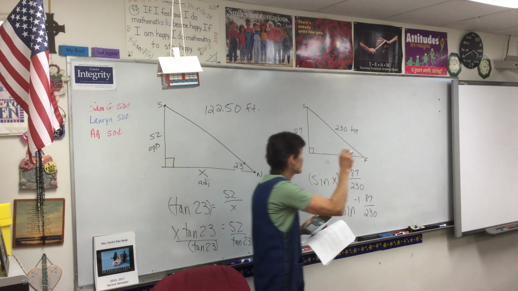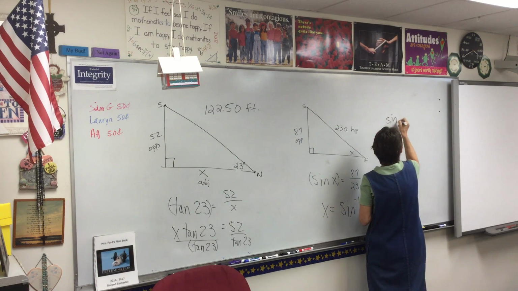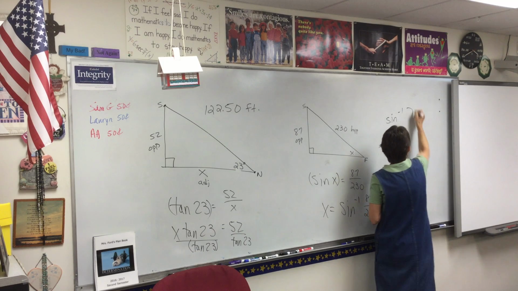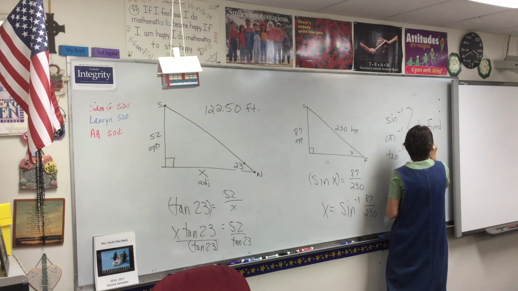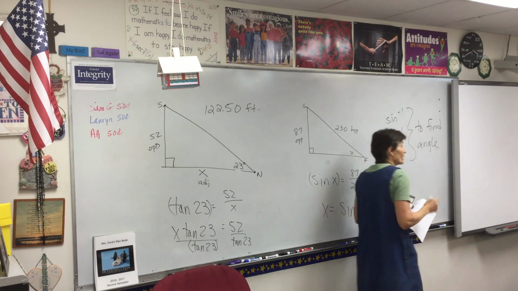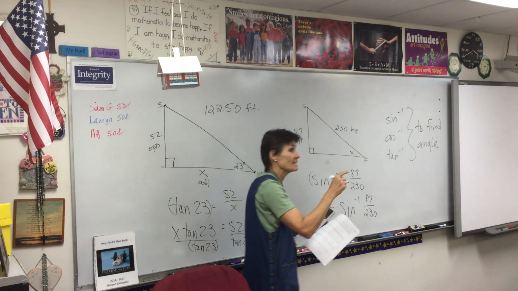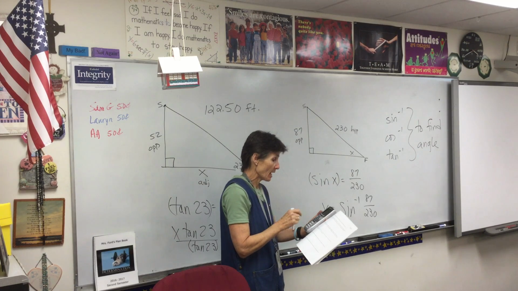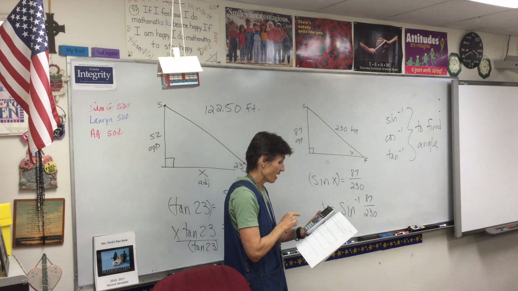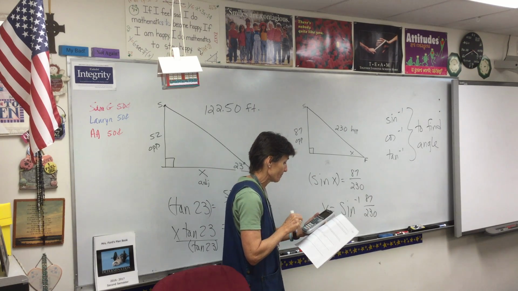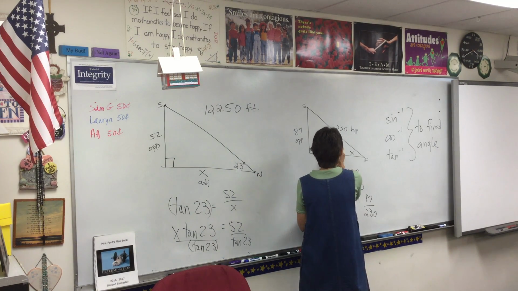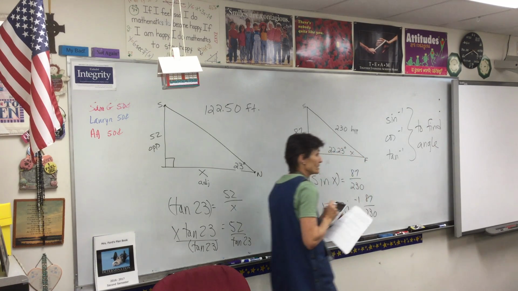You use those buttons, inverse sine, inverse cosine, inverse tangent, only when you are finding an angle. So if your question is find an angle, that's the button you type. So second sine 87 divided by 230, that angle is 22.23 degrees.